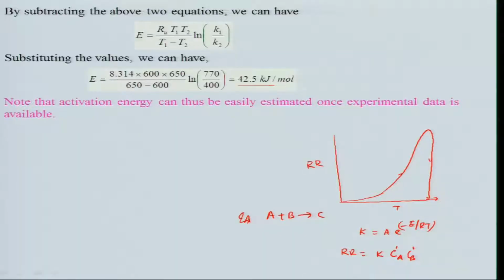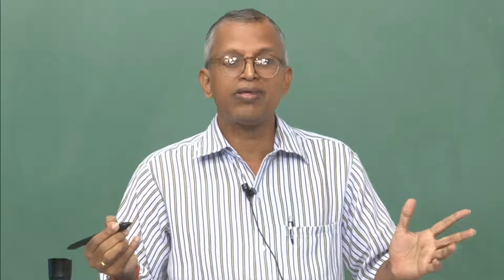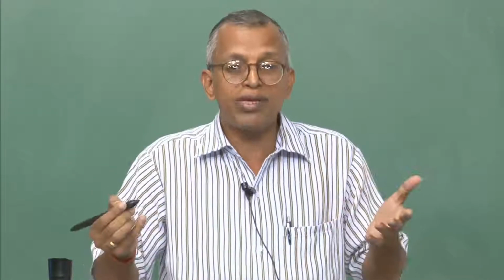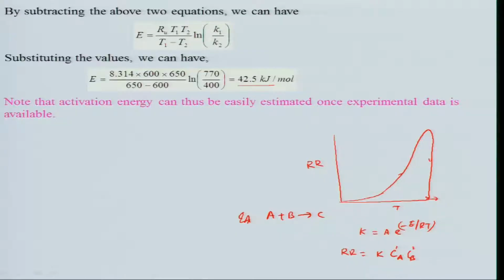Then it will come to 0 here, even though the temperature is higher. Are you getting my point? Similarly, if C_B is 0 or very small, or one of them is 0, then you will come to this, even though the temperature is very high, right. Is that clear?